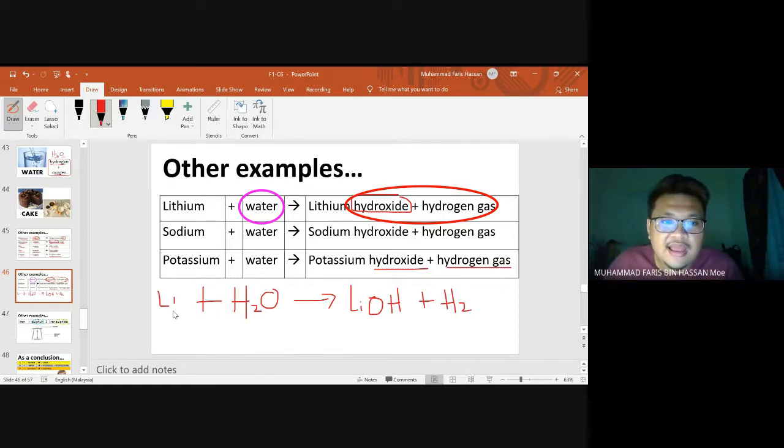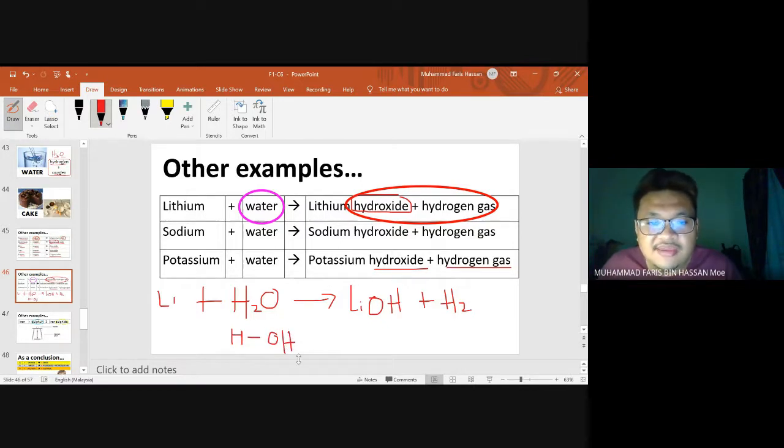So Li, which is lithium, is a metal, whereas water is a chemical compound. We know the oxygen and the hydrogen are combined together with chemical bonds. In water, the chemical bond is between H and OH.